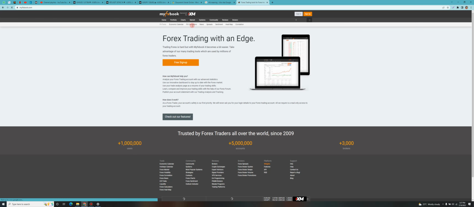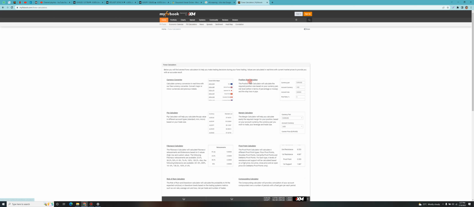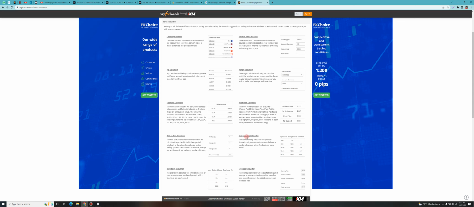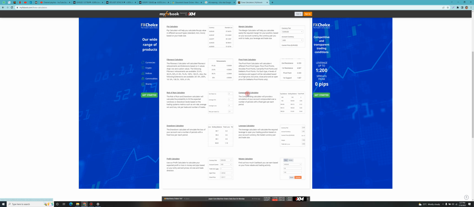You can actually calculate once you click on FX calculator here. There are different calculators to calculate position size and compounding calculator. I want to quickly show you something here. This is out of the topic, but I want to quickly show you one thing people don't know when it comes to risk management. Pips calculator.